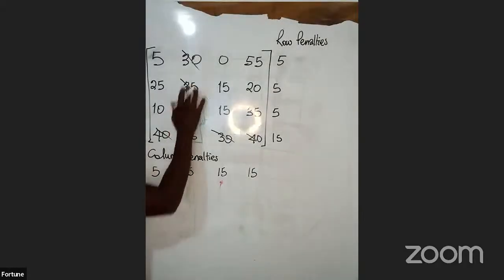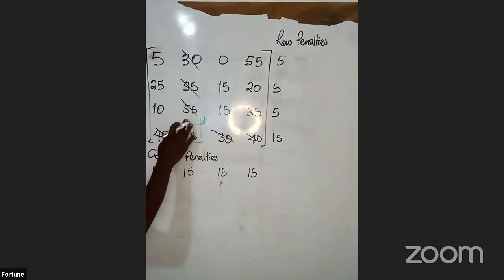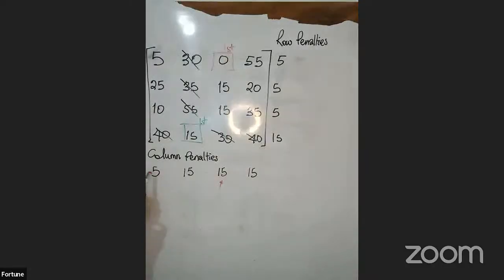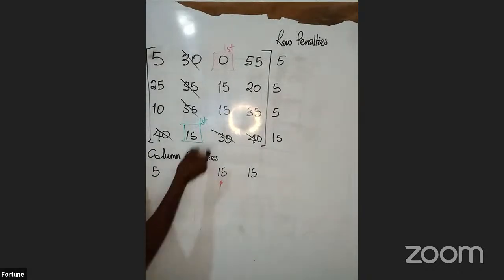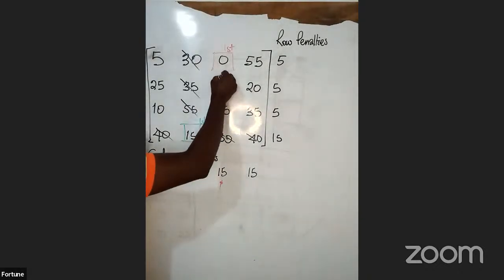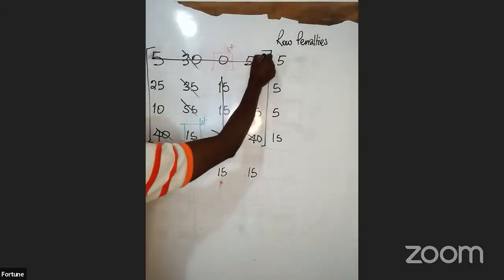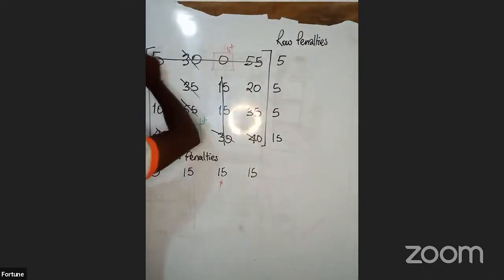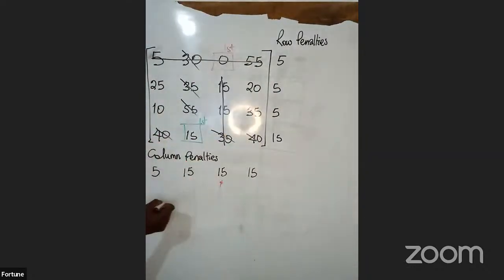So I want to assume that I've not cancelled this one. I'll rather use this as first. Let me cancel this way now. Cancel the row and column.